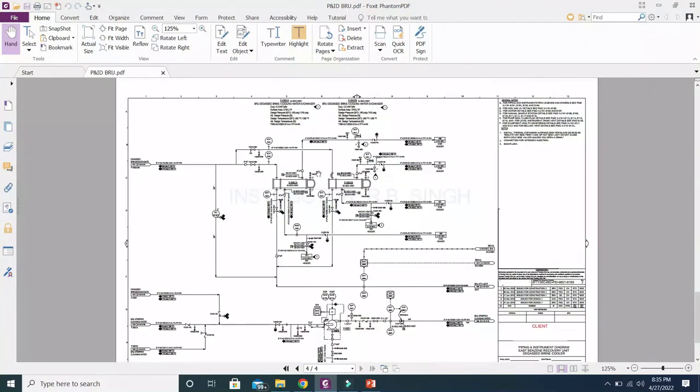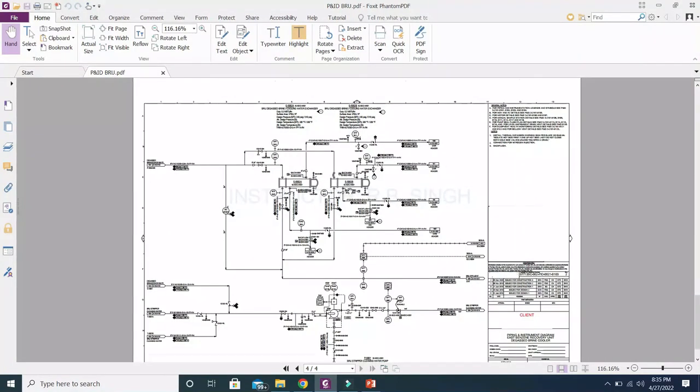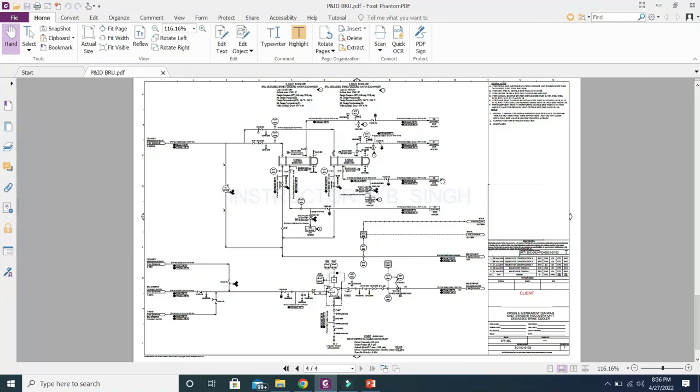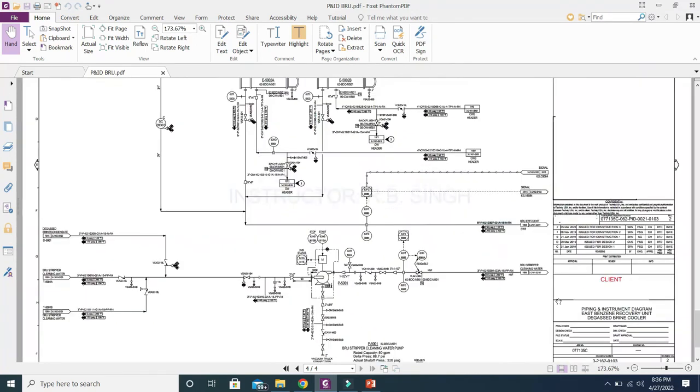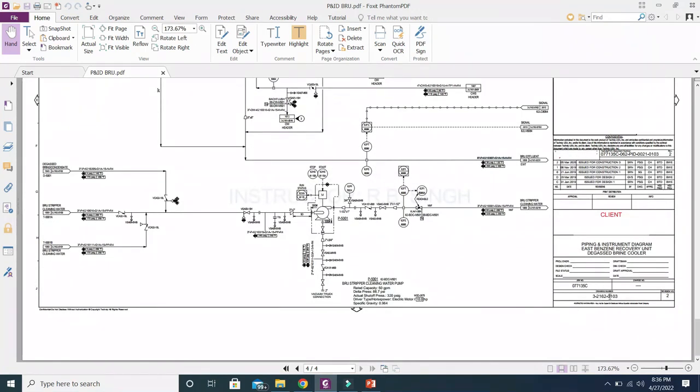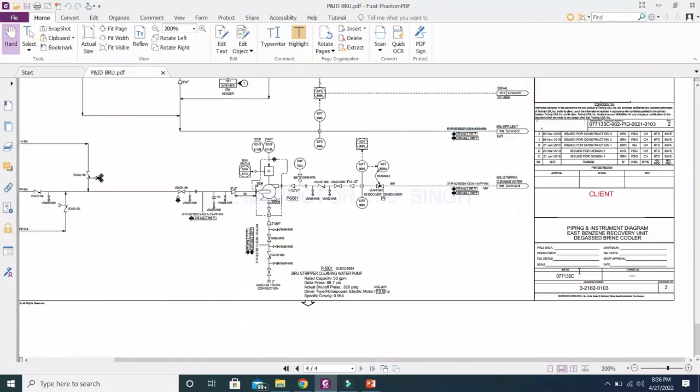So this is one P&ID page, and this is the working area. You can see some notes mentioned here. At the bottom there will be a title block. There is a lot of information in the title block, like the P&ID number, project number, the P&ID process, client logo and client name.